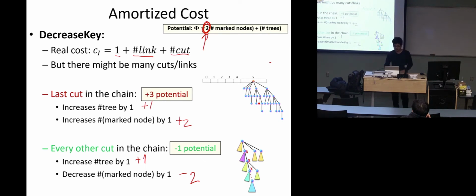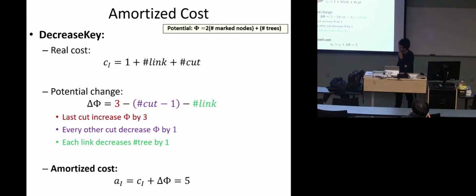So now we are ready to analyze the amortized time for decrease key. For the change in potential, the last cut will increase phi by 3. Every other cut decreases phi by 1. So this is the total decrease by the cuts.